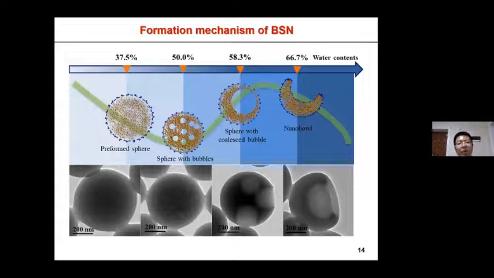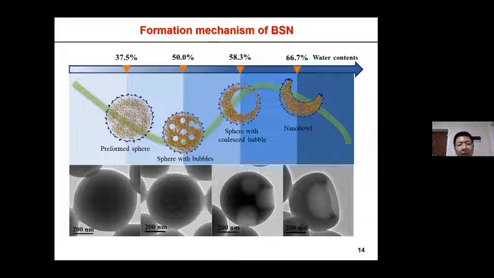So we propose the formation mechanism of bowl-shaped nanoparticles. As shown in this picture, with the addition of water to the solution of the homopolymer, preformed spheres were firstly formed, which are composed of polymers, solvents, and water.